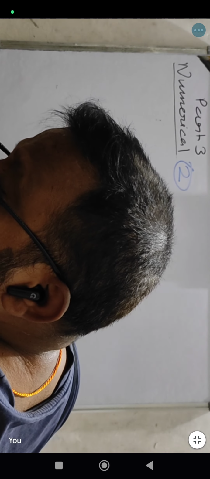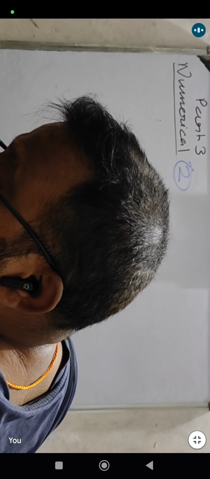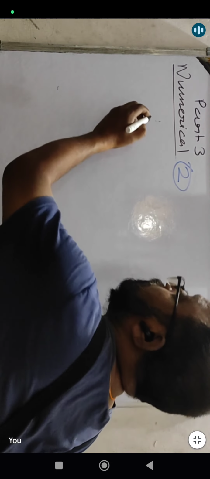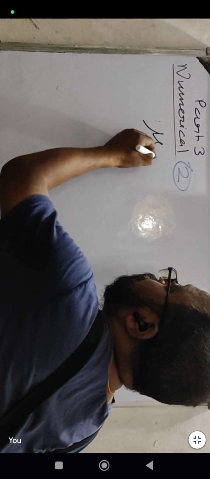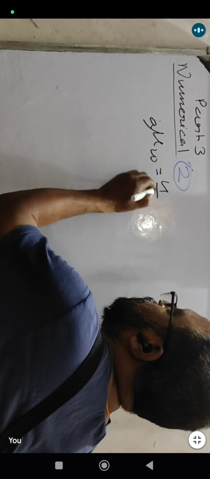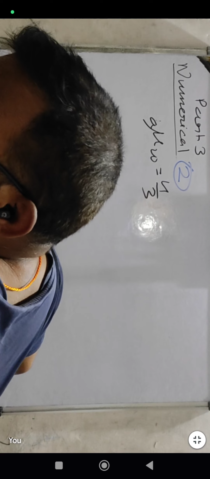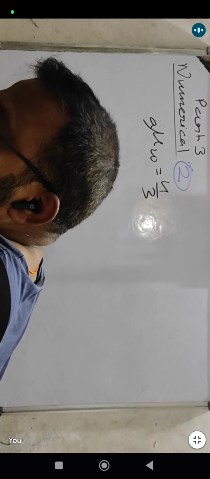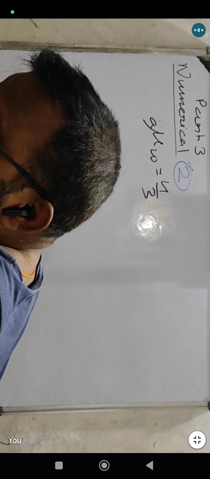A coin is placed at the bottom of a beaker containing water. Refractive index of water with reference to air is given as 4 by 3, right? At a depth of 12 centimeter.